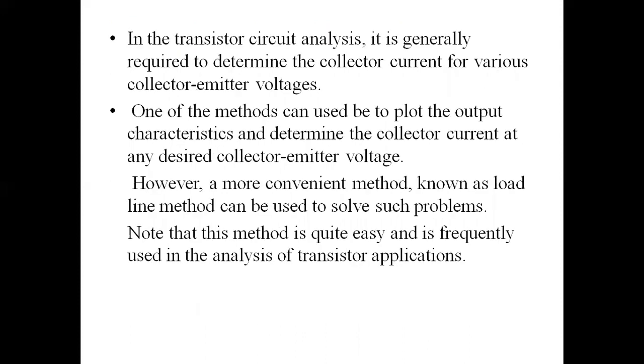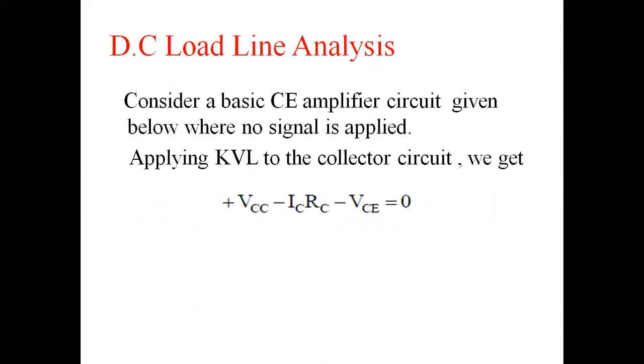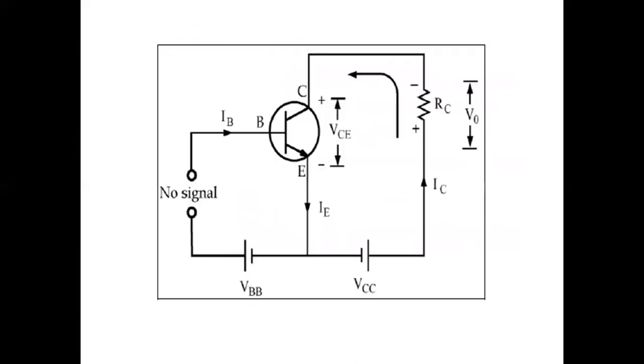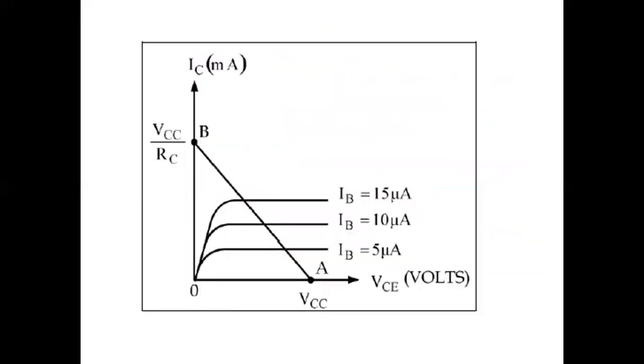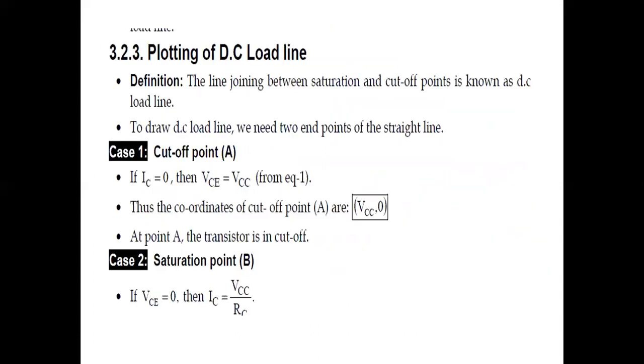Moving on to the next, in DC load line analysis, we need to consider the common emitter transistor circuit without application of any input signal. In AC load line analysis, we need to connect the AC, considering the input AC signal in the analysis.